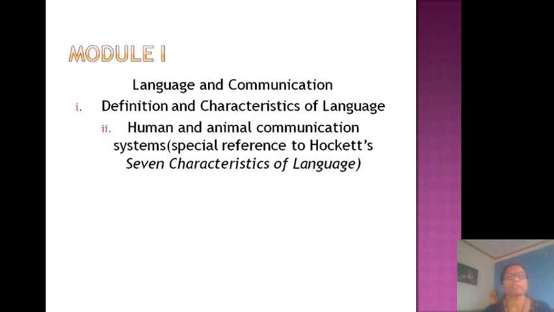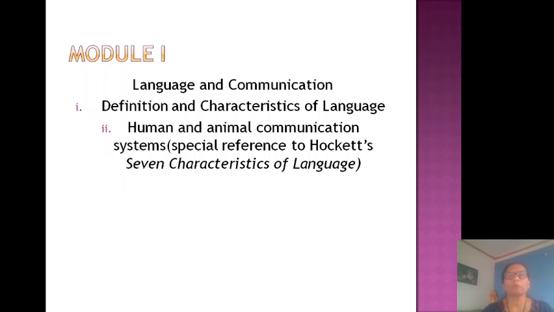Let us move towards the syllabus of this paper. This paper has 4 modules. In the first module, you are going to study language and communication.